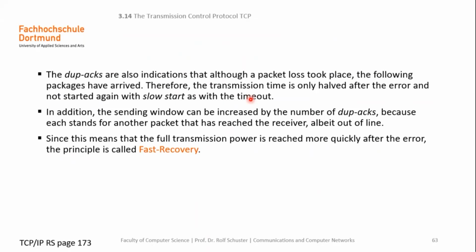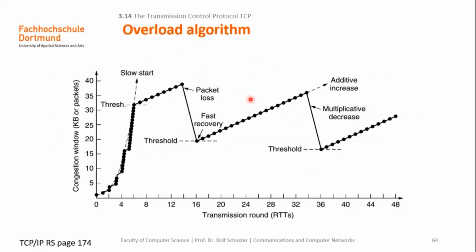recovery. And this is the chart, the graph that shows the different behavior implemented using fast retransmit and fast recovery. In this case, then, we have the slow start phase.